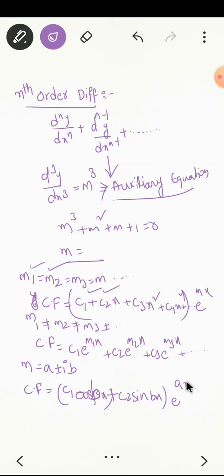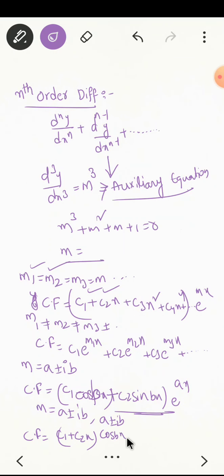If you have repeated complex roots, a ± ib, a ± ib, then the complementary function can be written as e^(ax) [(c1 + c2x) cos bx + (c3 + c4x) sin bx]. Hope you are getting it. So remember these four formulas. These we call complementary functions, four different cases. Let us solve problems so that you get an idea.